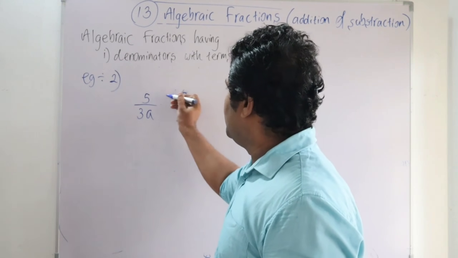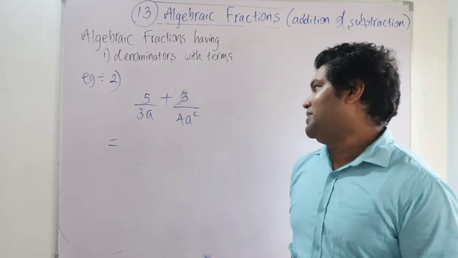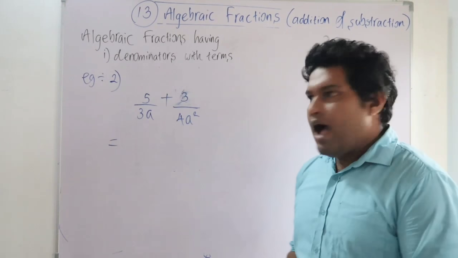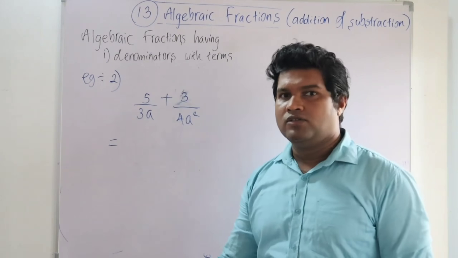I will give you an addition this time. Okay, right. Now check the denominators. Are there the same denominators? Having 3a and 4a squared, nobody can say so.